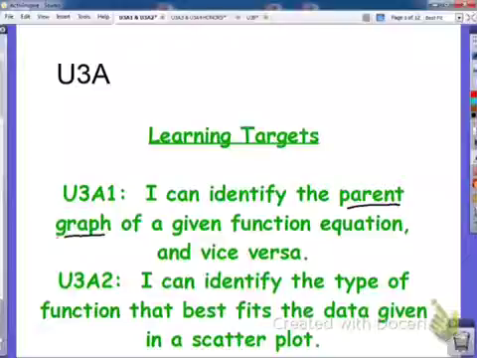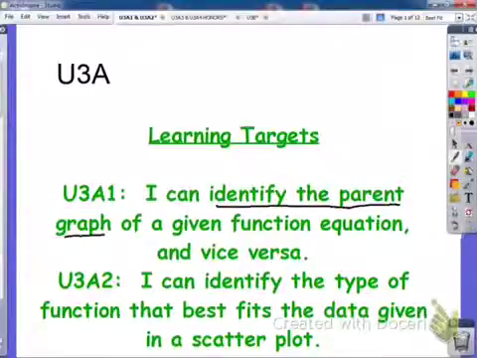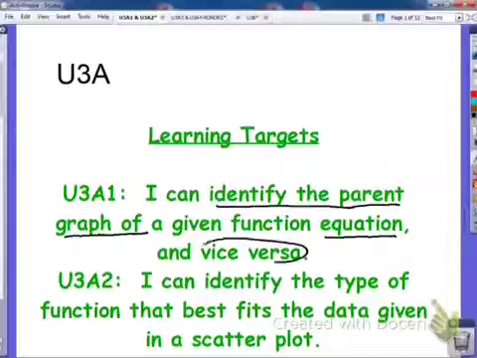Our focus in this particular lesson is to be able to identify the parent graph of a given equation, and then vice versa.